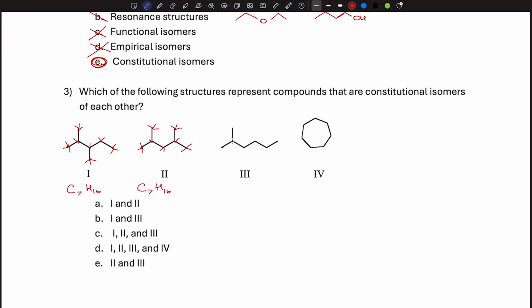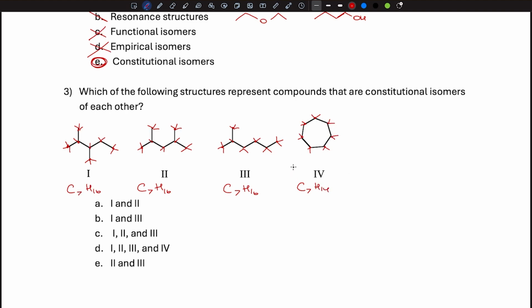Structure 3: 7 carbons and 16 hydrogens. And then structure 4, our last one: 7 carbons, and 14 hydrogens.